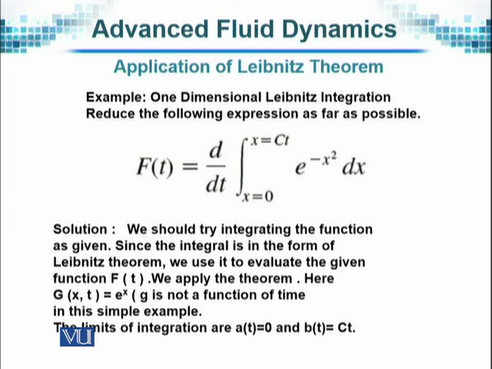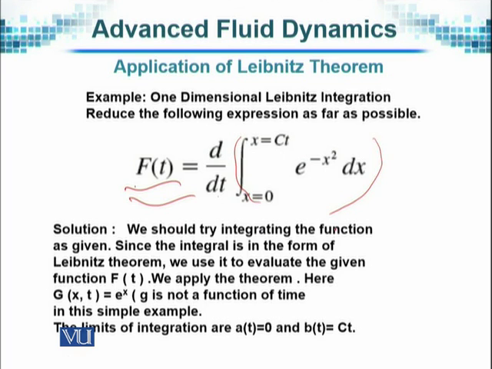We can see that this portion will turn out to be some function of t, and when we differentiate it with respect to t, we have a function which we denote by F of t equal to d by dt, as given.